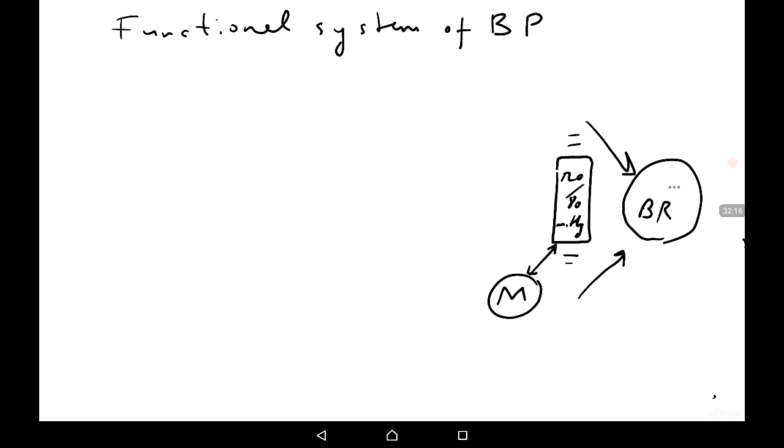Baroreceptors, which monitor the blood pressure, are in fact nerve endings, mechanoreceptors, located in the vascular net.